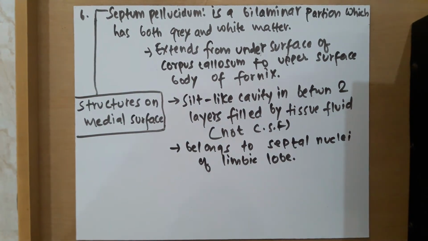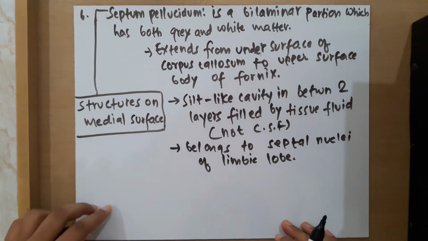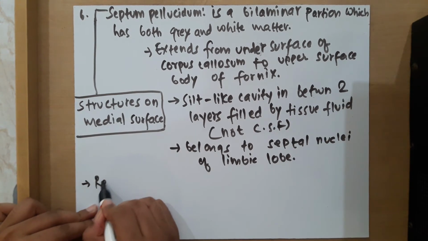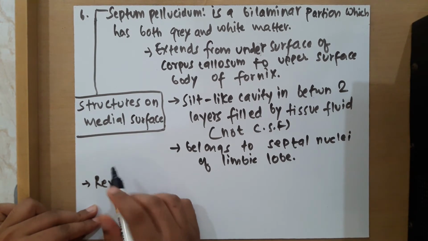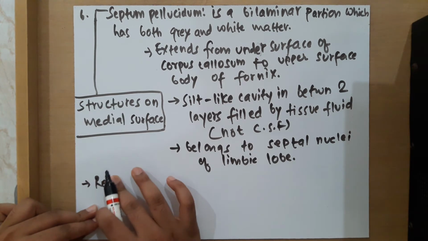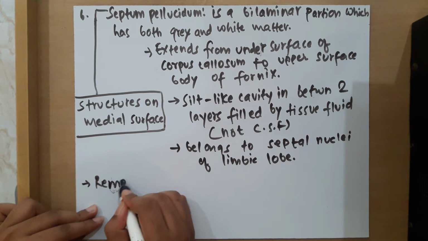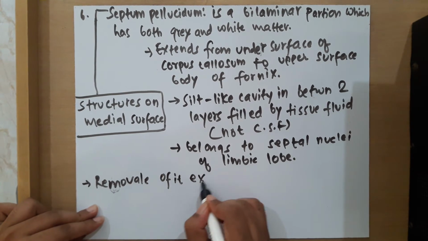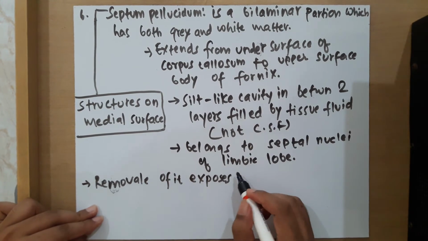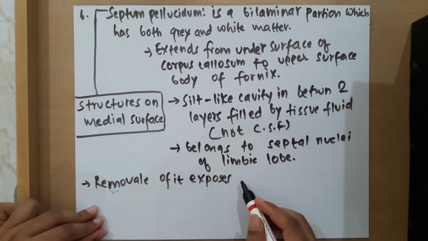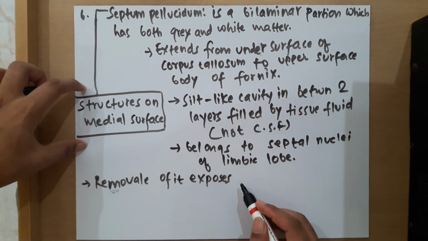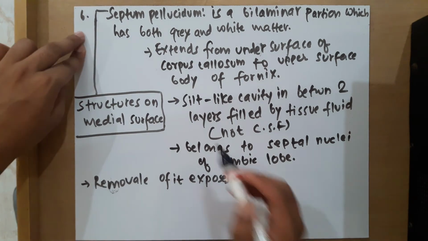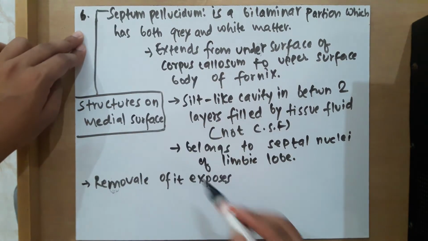Okay, so let's try that. Removal of it exposes, it means removal of the septum pellucidum. Okay, we are discussing the structures of the medial surface. Before this we studied the corpus callosum, under the heading A, and now it's B. Don't get confused.